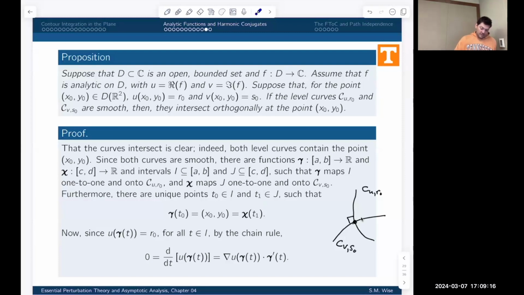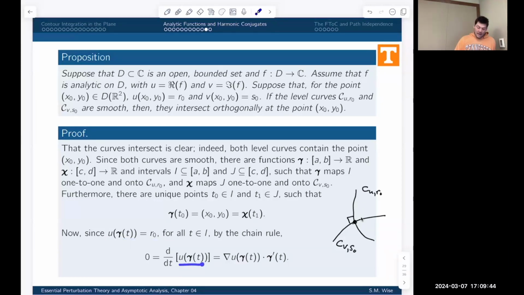Now, since u of gamma(t) is equal to r0 for all t, by the chain rule, if I plug in gamma's value, the gamma curve, because as Calvin said, it's the pre-image of r0, so if I plug this value into u, I'm always going to get r0. So now I'm going to take the derivative of this.